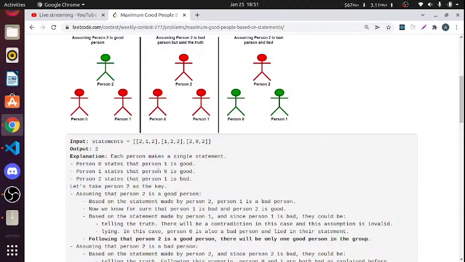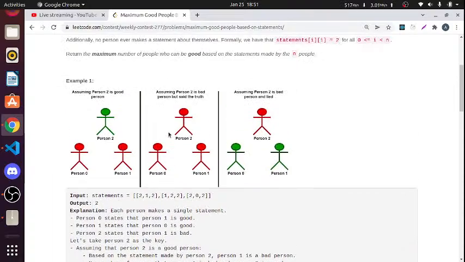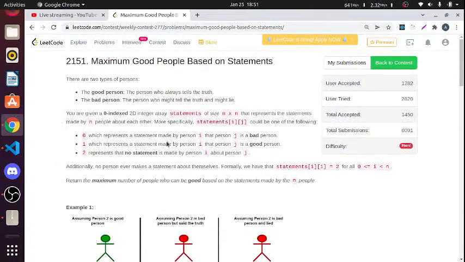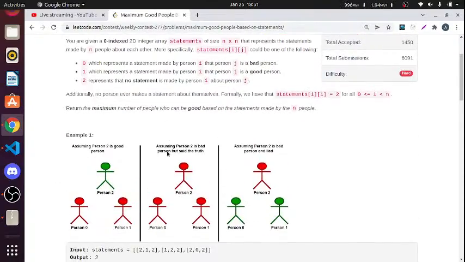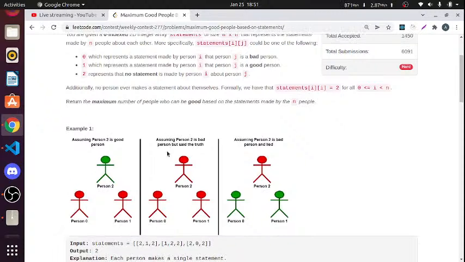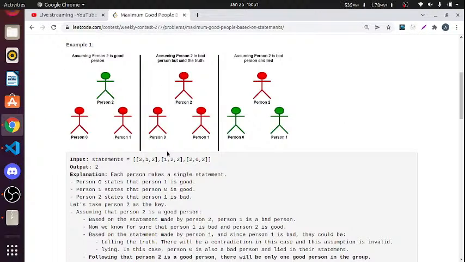It's like a grouping, so union find or something like that, but I'm unable to think that way. So let's think about what we can do.